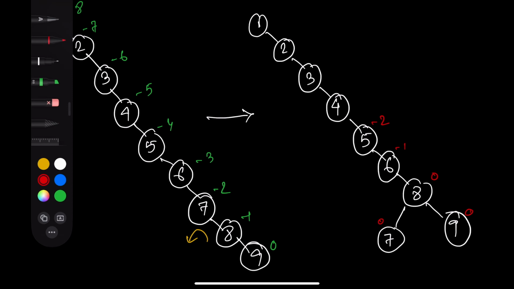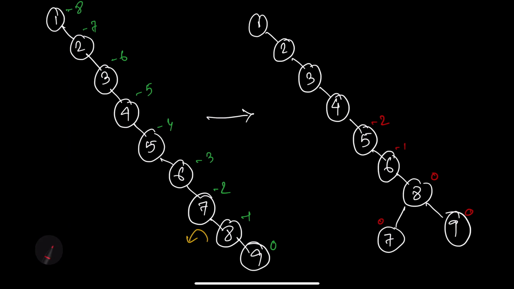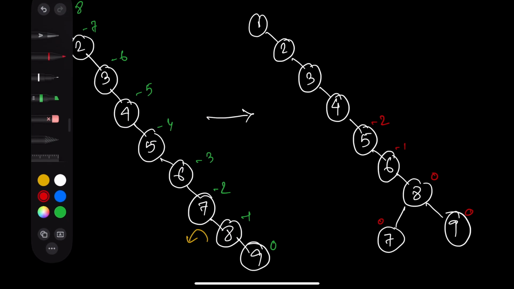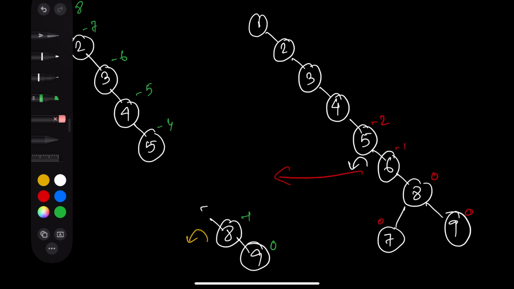Now from here to here we have to come. As 5 is having -2, obviously there will be a left rotation. So let's remove them, even 5 also would be removed.